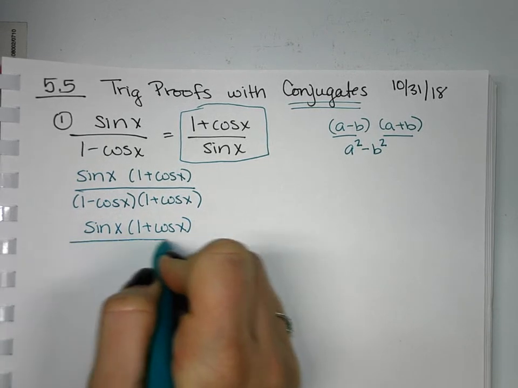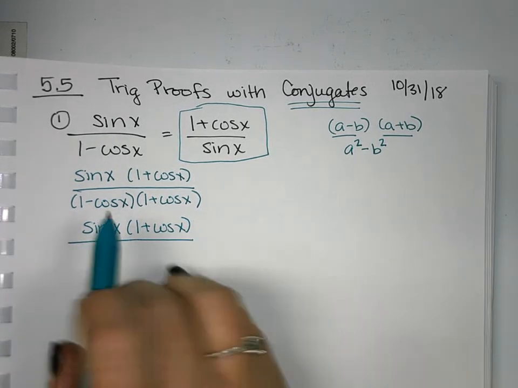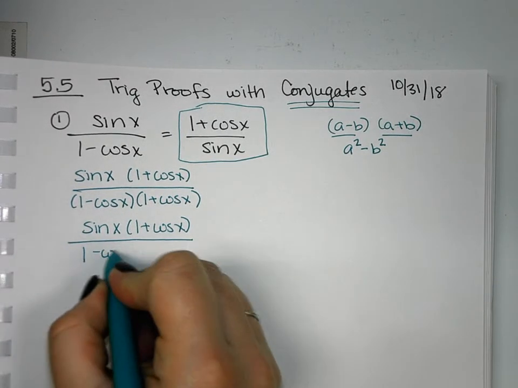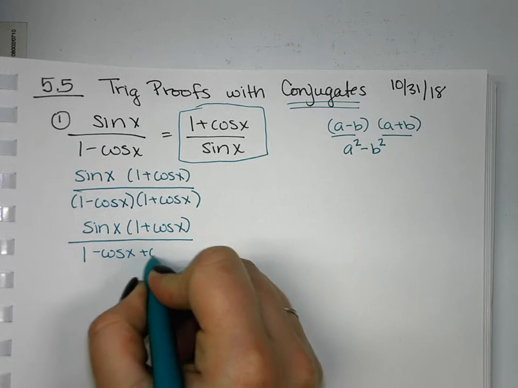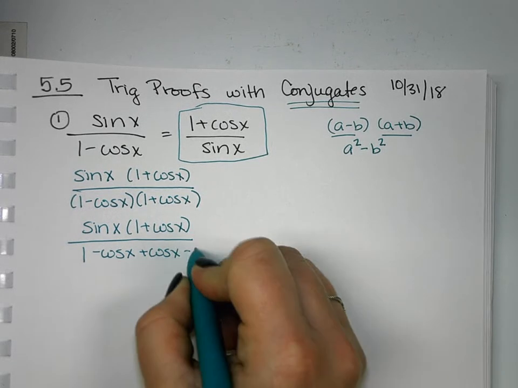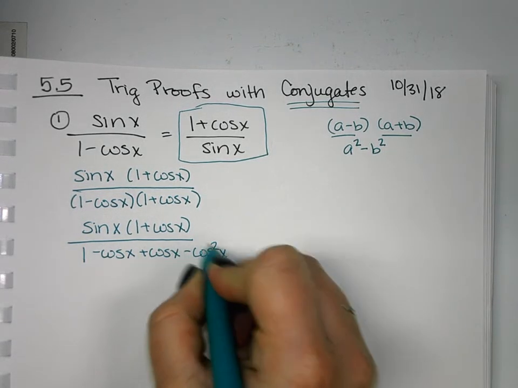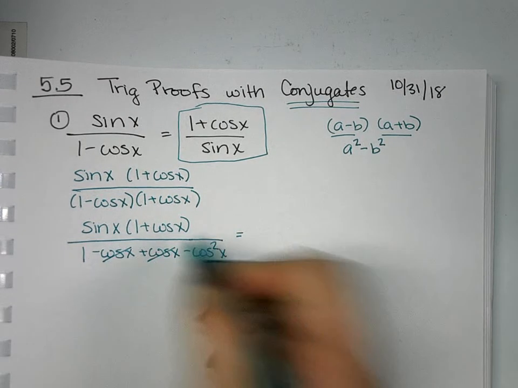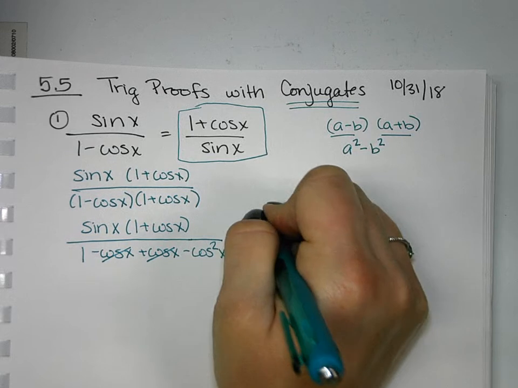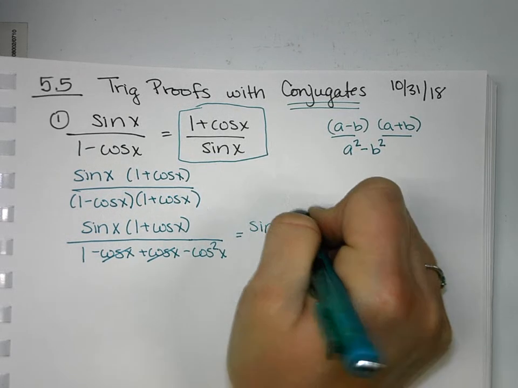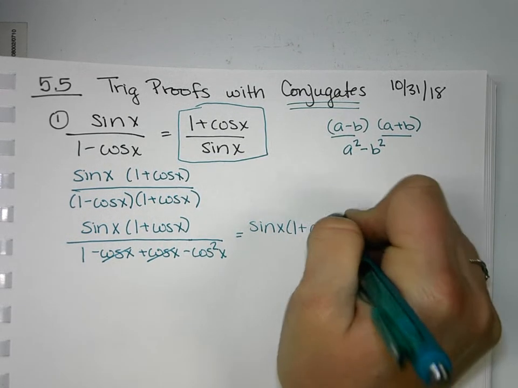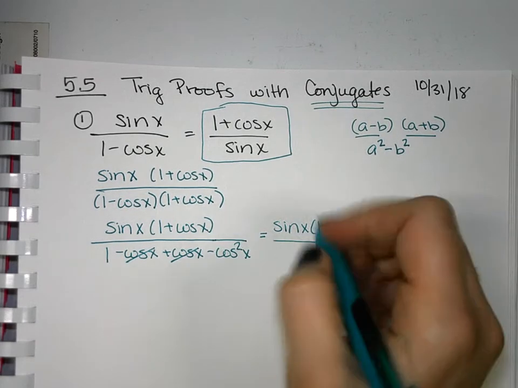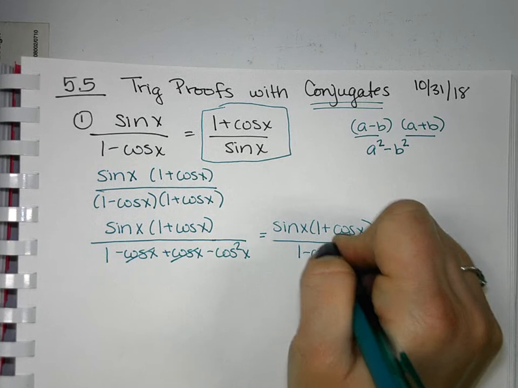On the bottom, I'm going to FOIL it together. 1 times 1 is 1, negative cosine x plus cosine x minus cosine squared x. These two add up to 0, so we're left with sine x times 1 plus cosine x over 1 minus cosine squared x.